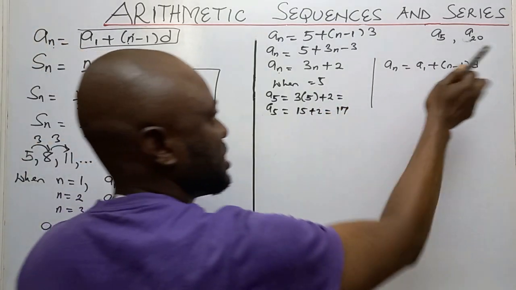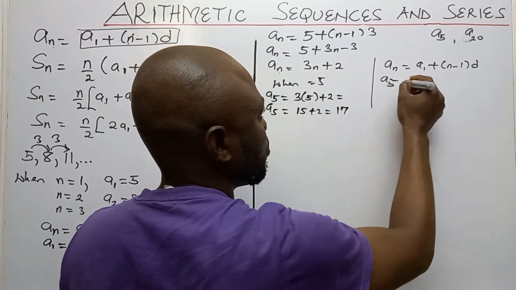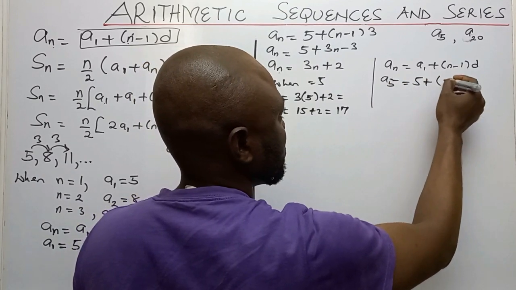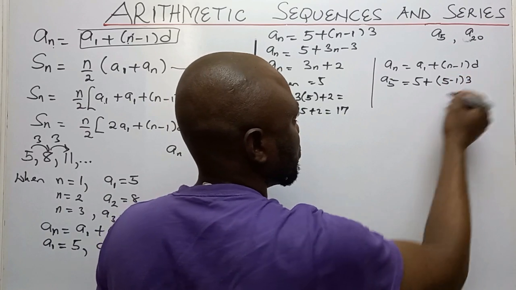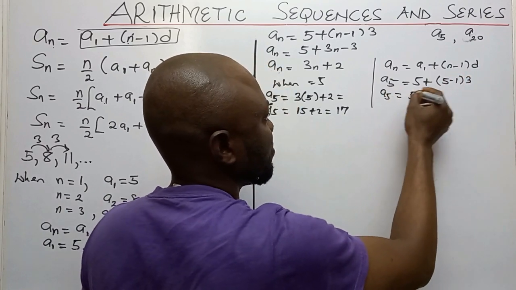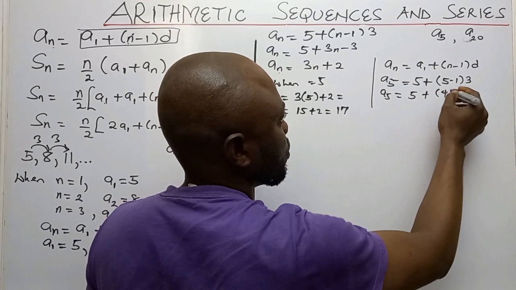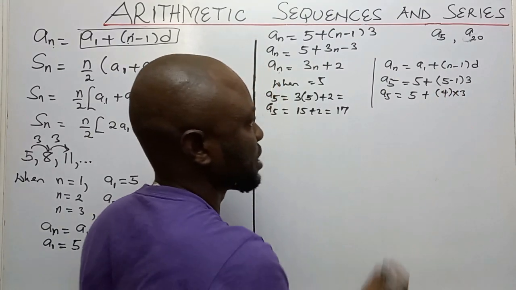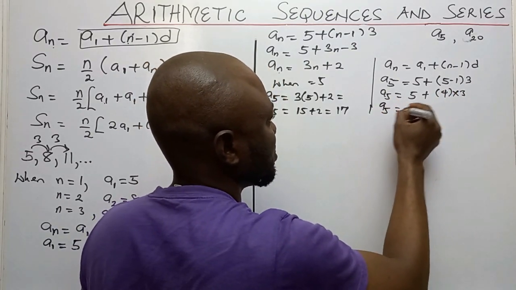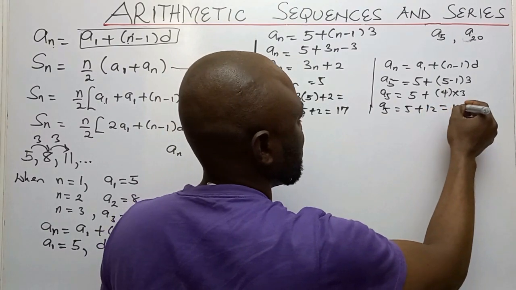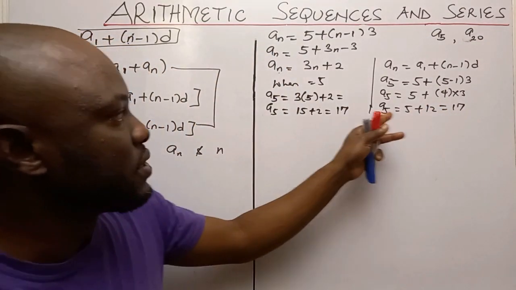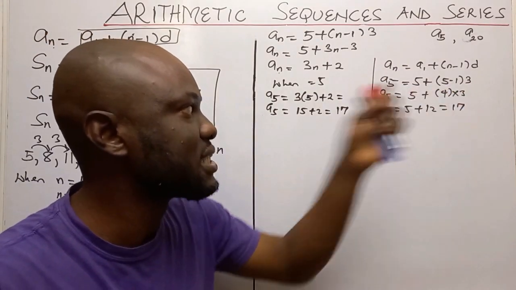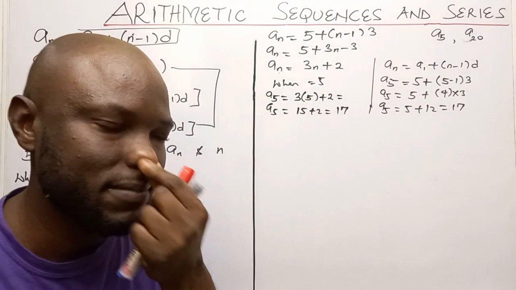If I want to use the general formula, a sub 5 will be 5 plus, a sub 1 is 5, then n will be 5 minus 1, d is 3. So a sub 5 will be 5 plus 4 times 3. 4 times 3 is 12. So a sub 5 is 5 plus 12, which is also 17. So the 5th term is 17. So a sub 5 is 17.